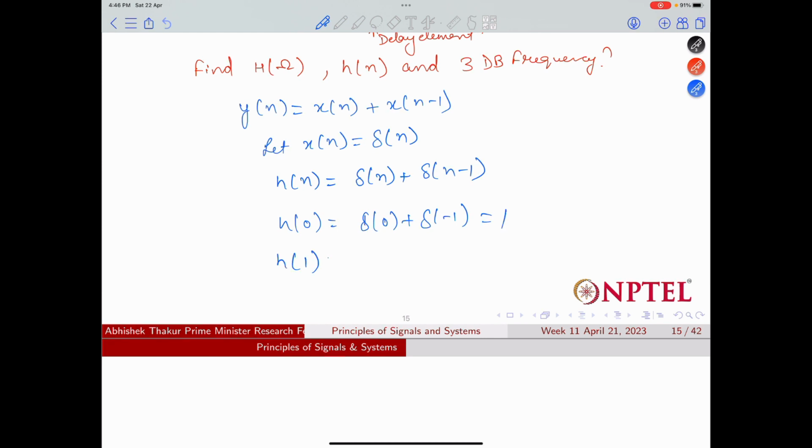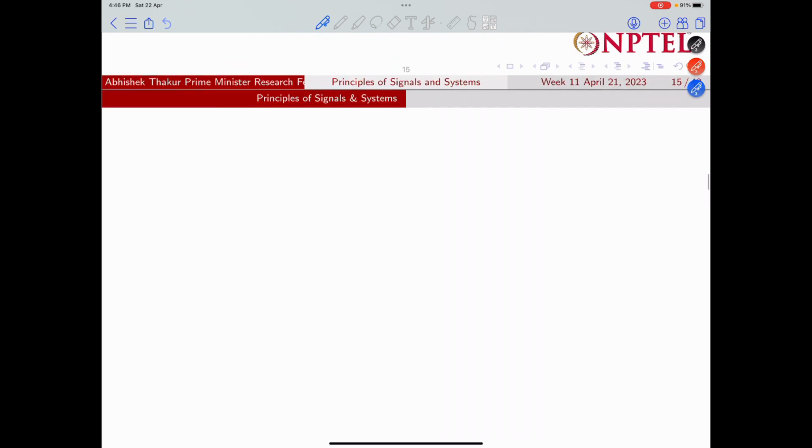H of 1 is equal to del of 1 plus del of 0, that is equal to 1. Here we get h of n is equal to 1 for n equal to 0 and 1, and it is 0 otherwise.